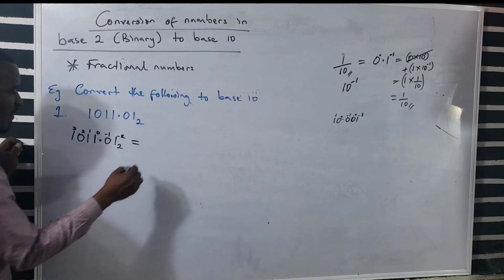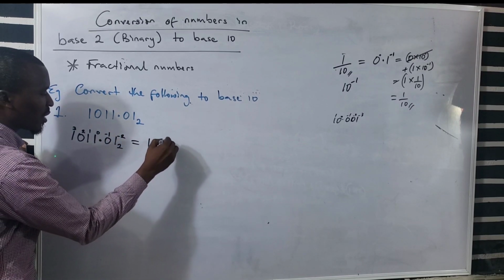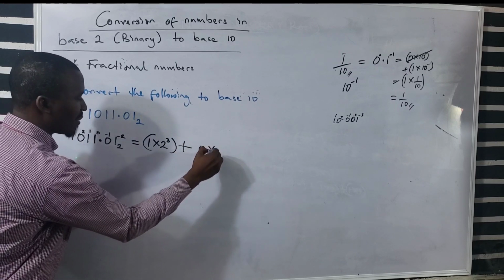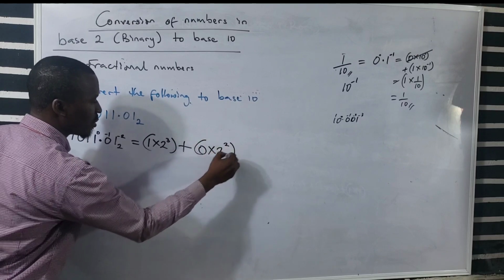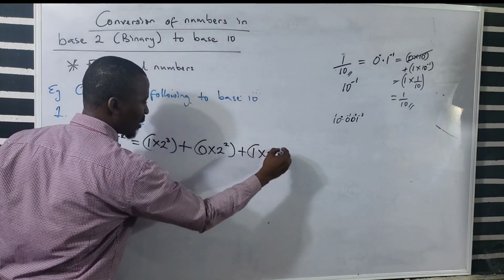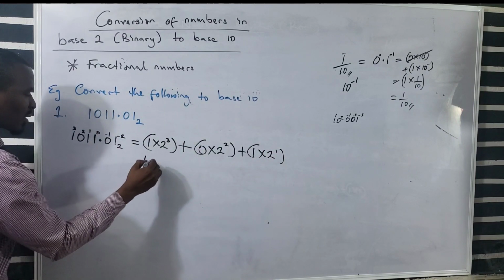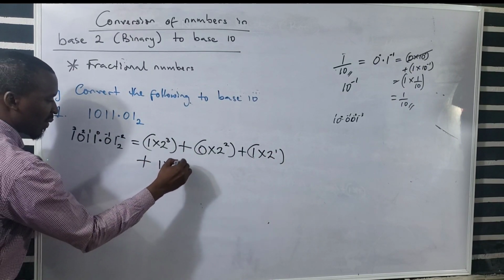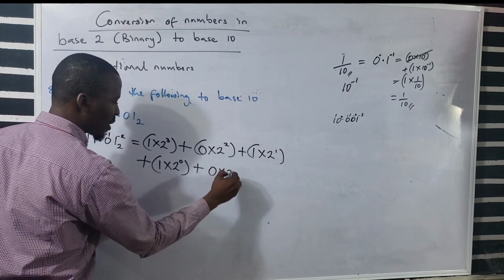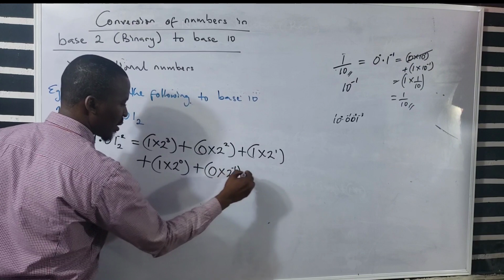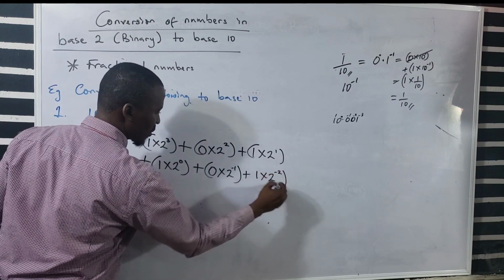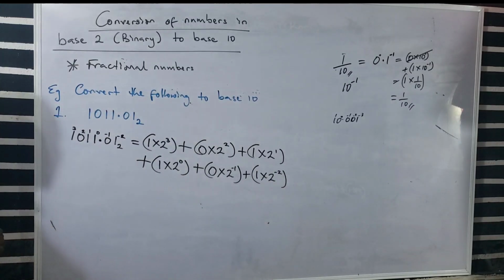So that will give us 1 times 2 raised to power 3 plus 0 times 2 raised to power 2 plus 1 times 2 raised to power 1 plus 1 times 2 raised to power 0 plus 0 times 2 raised to power -1 plus 1 times 2 raised to power -2.